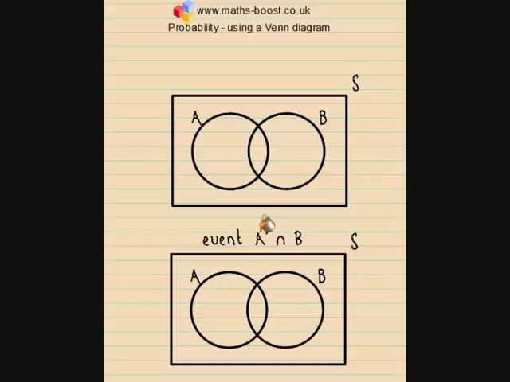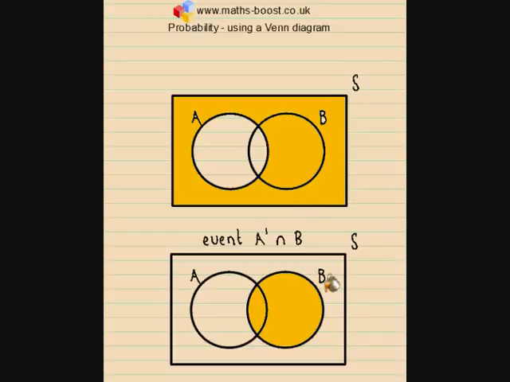So we'll look here at the first one at not A, which is this here, and I'll look at the event B, and we want to look at the overlap between these two events, because the intersection represents the overlap.